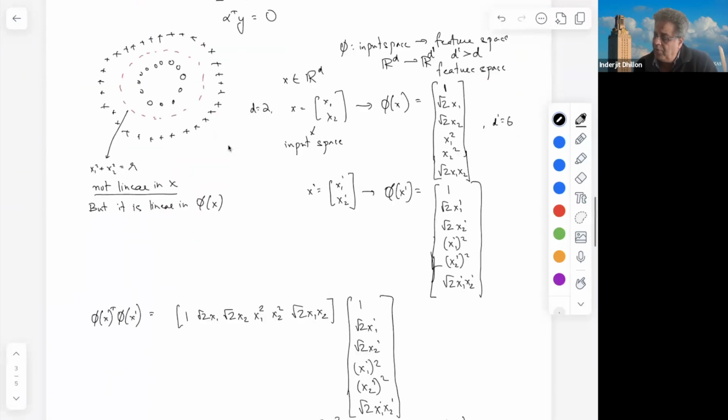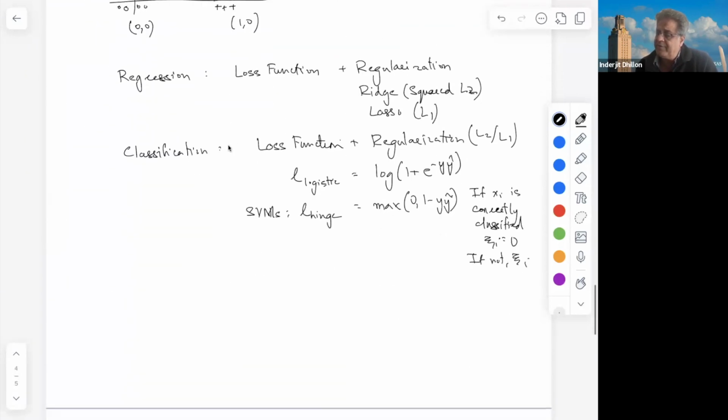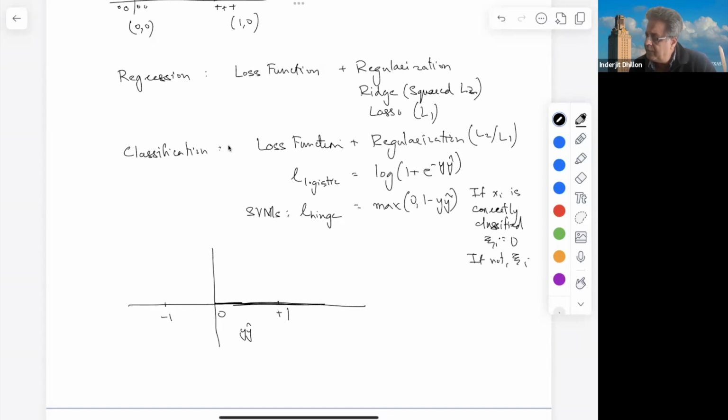Okay. And so what you can show is that if I plot y hat on the x-axis, well, ironic that y is on the x-axis, but that's what it is. If I have -1, 0, +1, okay, then hinge loss is, maybe I should just use the green. Sorry, the exact classification loss is this.